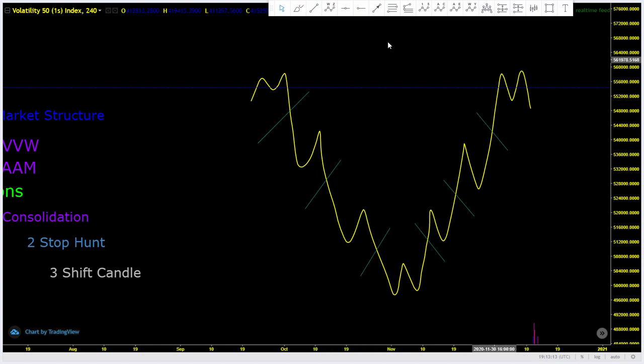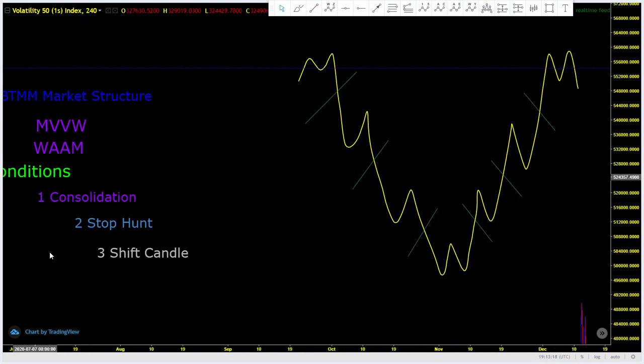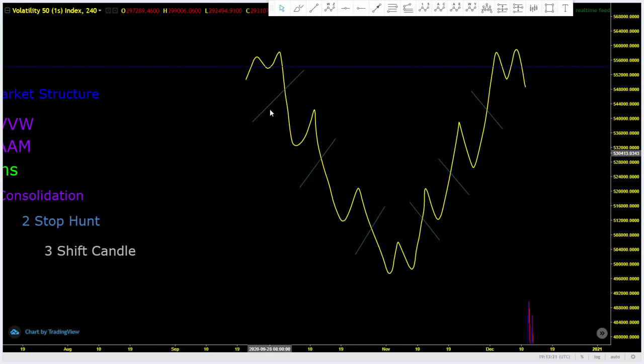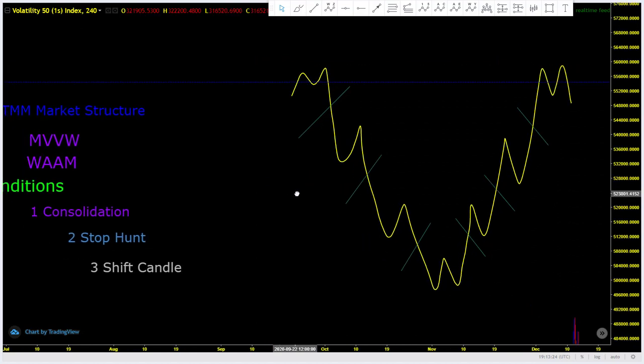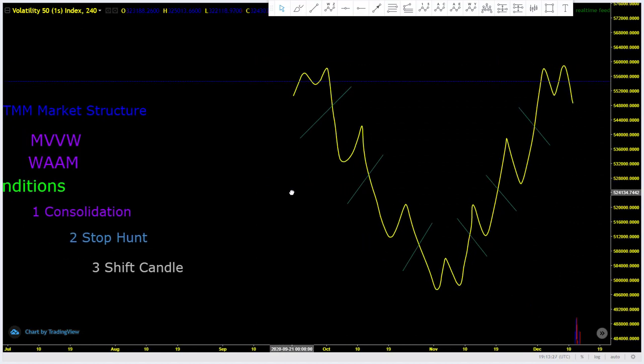So these levels that I'm talking about here, and the way of counting these levels, which is consolidation, stop hunt and a shift candle, is the same way that you count these levels even as you go deeper into the 1 minute time frame.